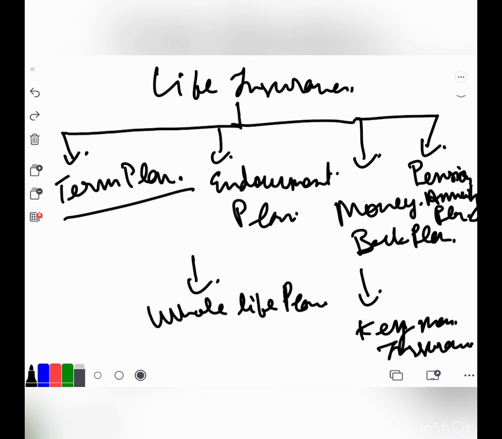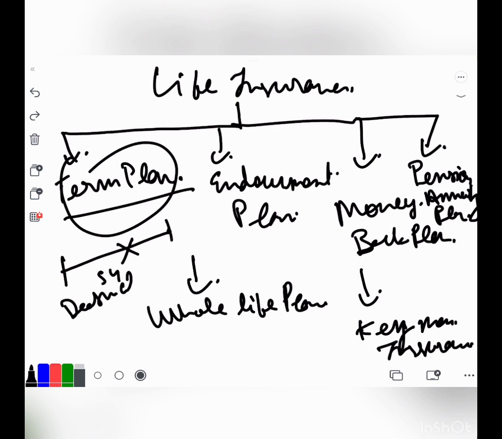So, what is a term plan? A term plan is this: if for a particular term, 5 years, 10 years, 15 years, the person dies in between this particular term, a death claim is given. But if the person does not die in this particular 5 years or 10 years term, whatever the term, there is no survival claim.